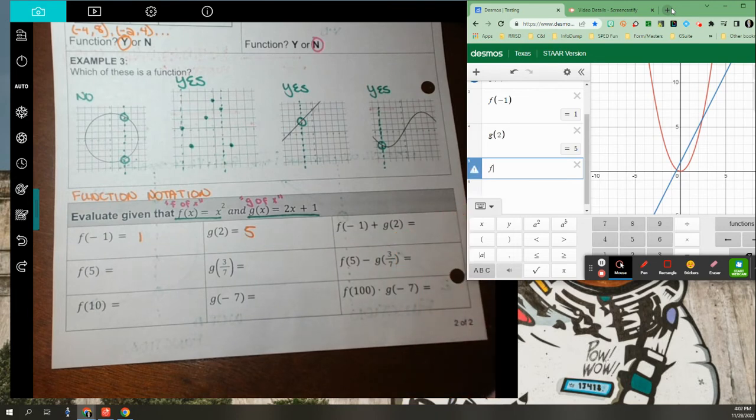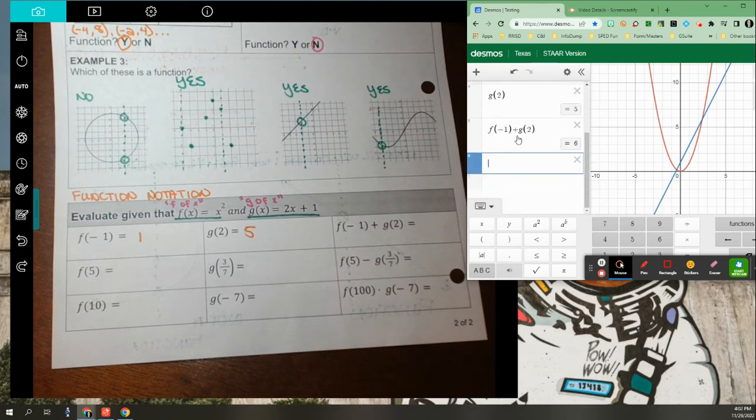So f of negative 1 plus g of 2. You'll notice I'm typing it exactly as I see, and it's working because, remember, way up here at the top, I told it, hey, if I tell you f, this is what you do. If I tell you g, this is what you do. Okay?